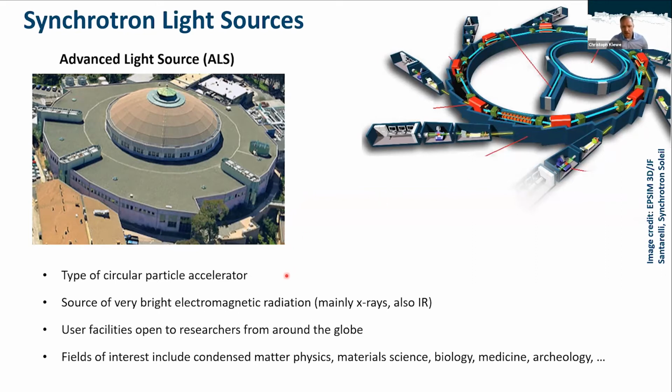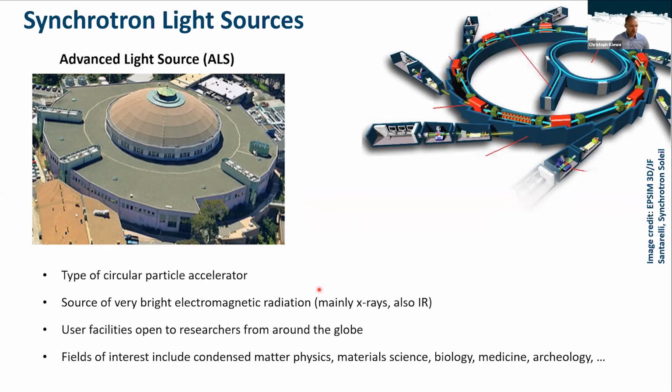So in general, a synchrotron light source is a circular particle accelerator, most commonly an electron accelerator, that can produce very bright electromagnetic radiation, typically in the X-ray range, but it can also be in the infrared range for some applications.